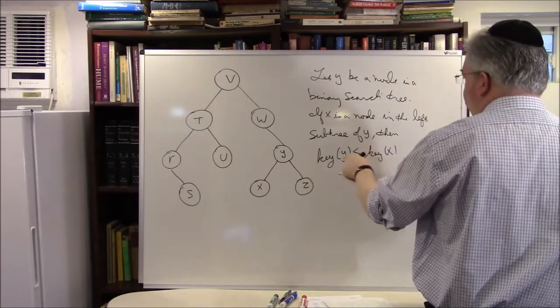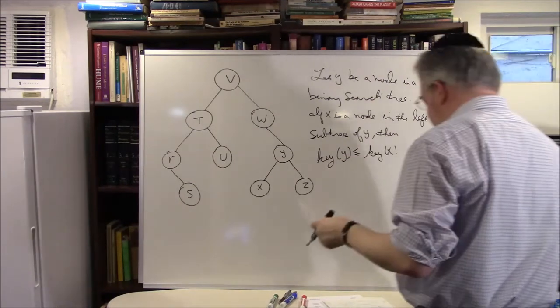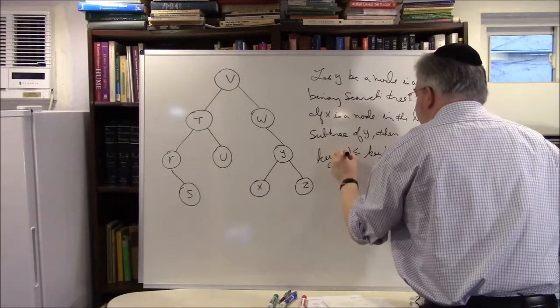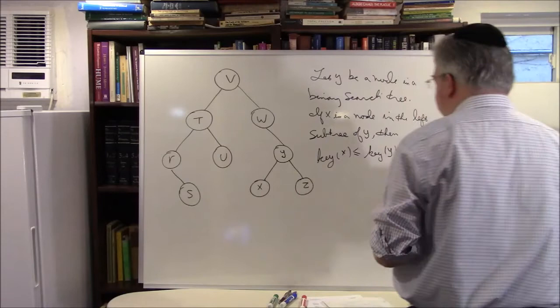X is a node. Sorry. The key of X is less than key of Y. So the left subtree is less.